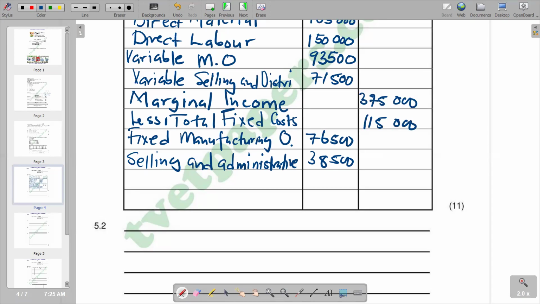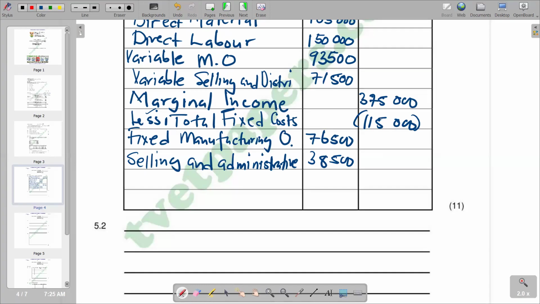So let's take note, we are saying less here. So it means also we are subtracting. So we are now going to say marginal income minus total fixed cost. And then we are going to get our final figure as our net profit. Net profit or net loss, depending on which one is greater. In this case, we've got marginal income being greater than total fixed cost, so it becomes a net profit.